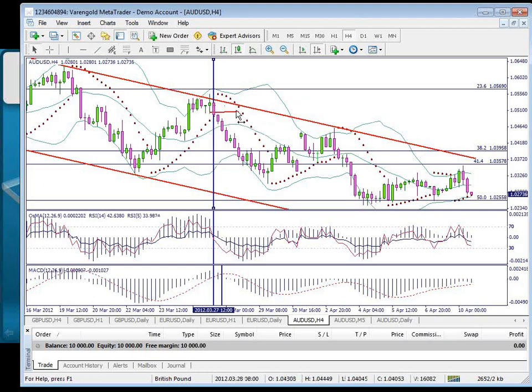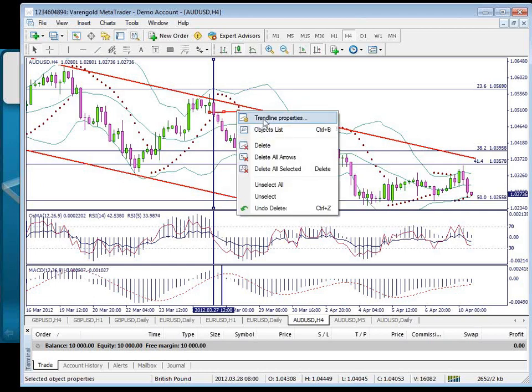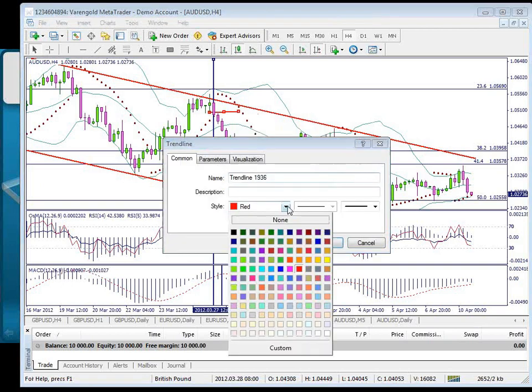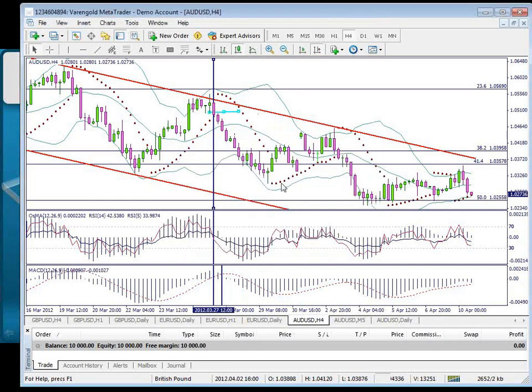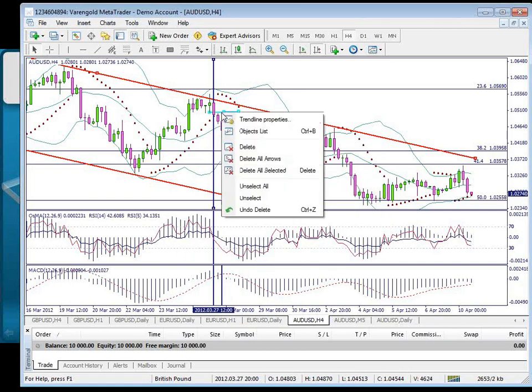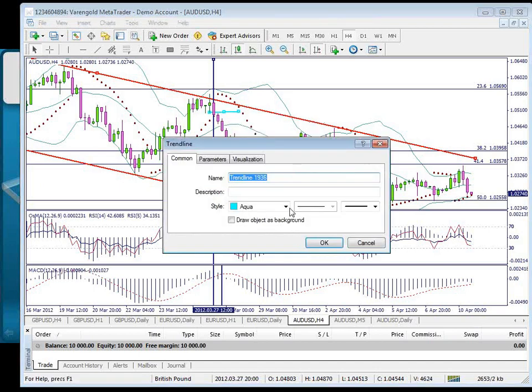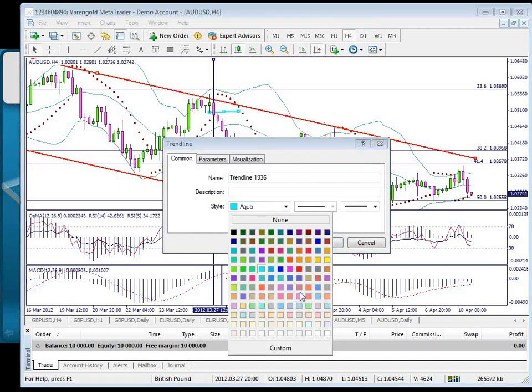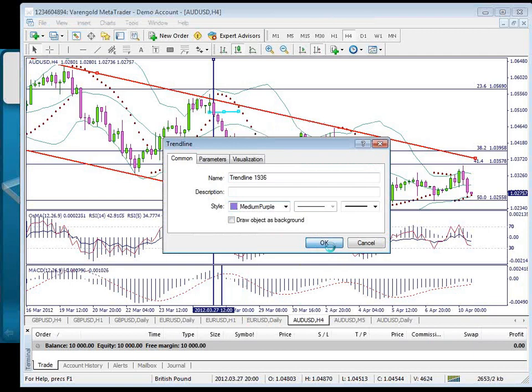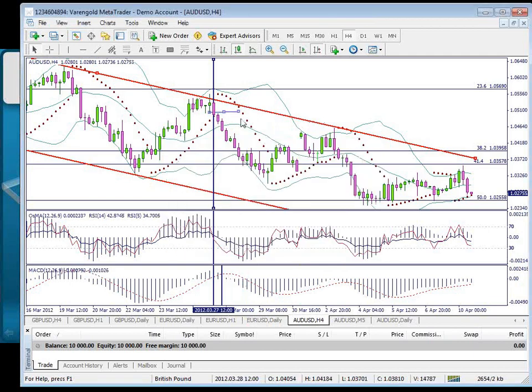I will make it in one other color. No, I don't think that is a good idea with that blue color. So here will be the entry, yes?